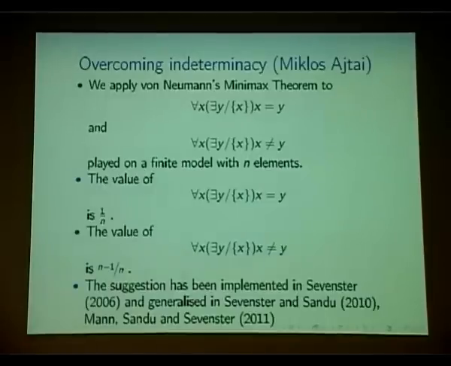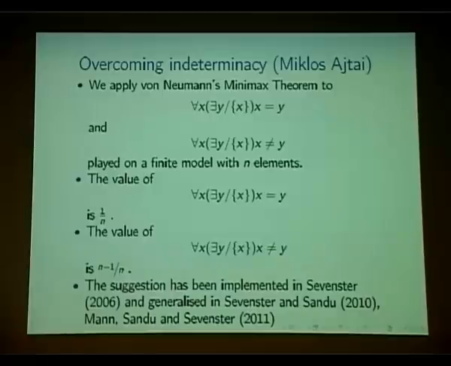So, a suggestion which was made by Aitai, quoted in Blass and Gurevich 86, was a way to overcome the indeterminacy of IF sentences. That is simply to apply von Neumann's minimax theorem to such indeterminate sentences, like the matching pennies sentence and the inverted matching pennies sentence, played on a finite model with n elements.